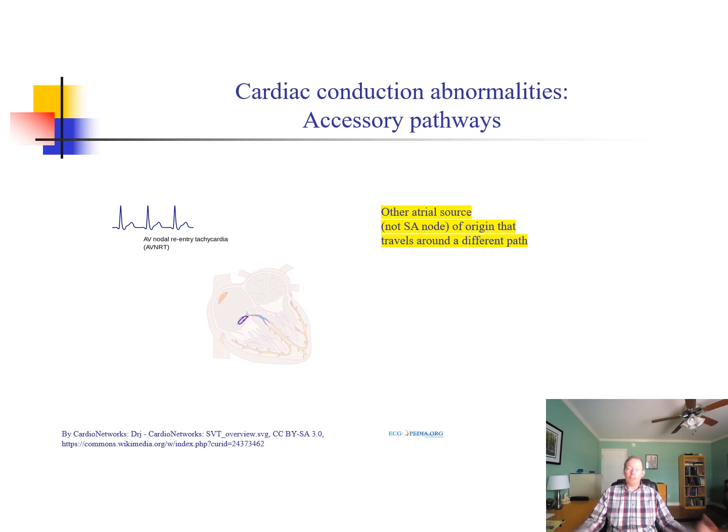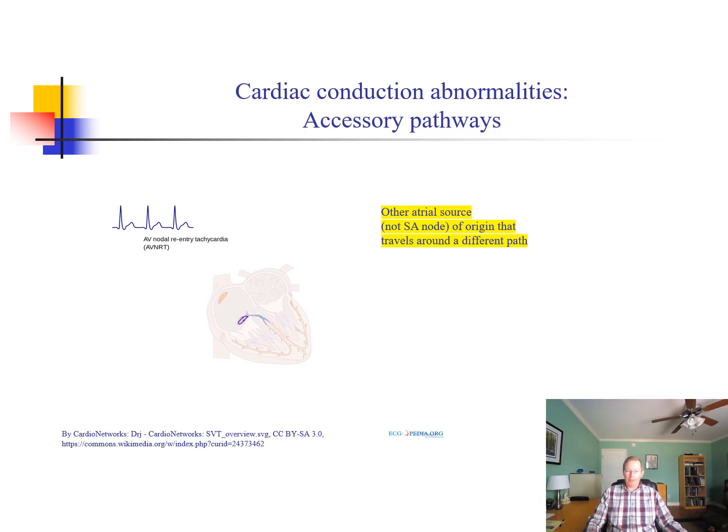And so these are reentrant tachycardias. There are multiple different possible pathologic pathways, Wolff-Parkinson-White being one of those that is well known and described. These are generally dealt with clinically by ablating them or basically killing the cells along these pathways.